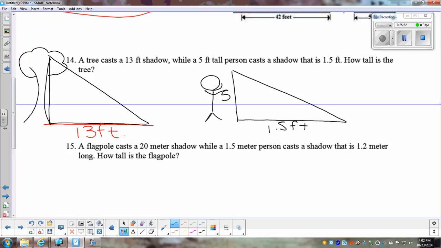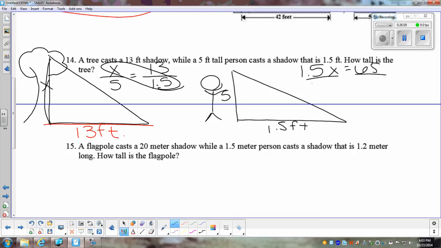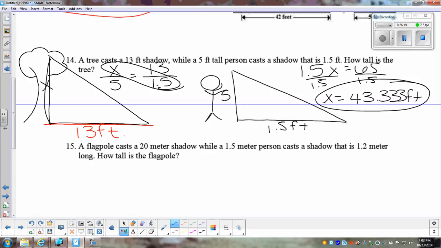Well, I know these are similar. So I have the height of the tree over the height of the person equals the length of the shadow over the length of the shadow. Cross multiply. 1.5x equals 65. Divide by 1.5. And you get the tree is 43.333 feet tall.